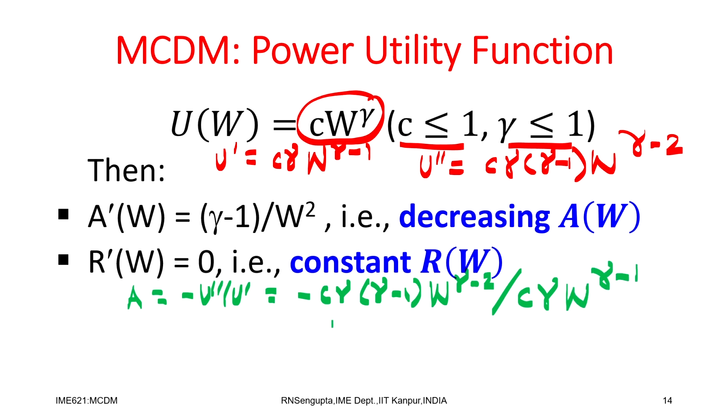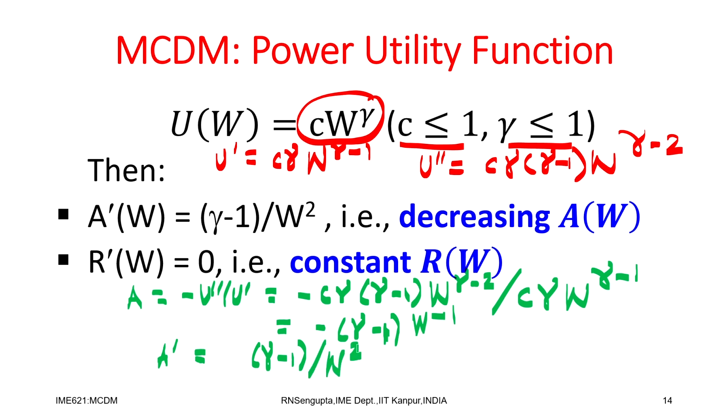So, c gamma cancels, minus c remains, minus gamma minus 1 remains, and here w to the power gamma minus 2 minus gamma plus 1 basically will give you w to the power minus 1. So, if I differentiate, a prime becomes, this minus minus becomes 1. So, this is gamma minus 1 divided by w square, because it is w to the power minus 2.